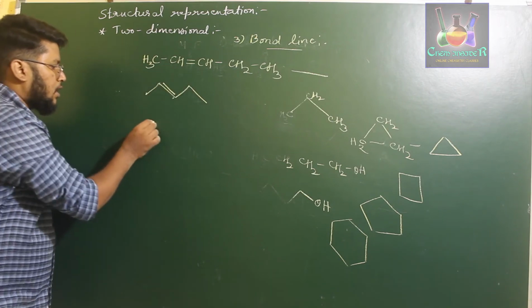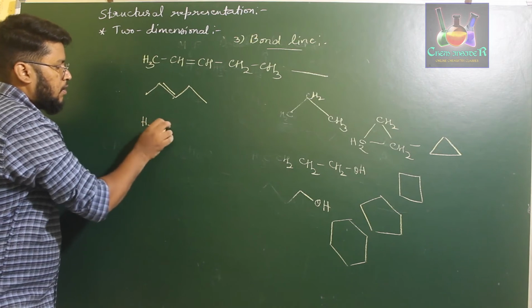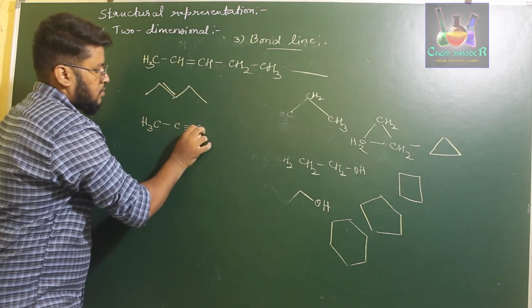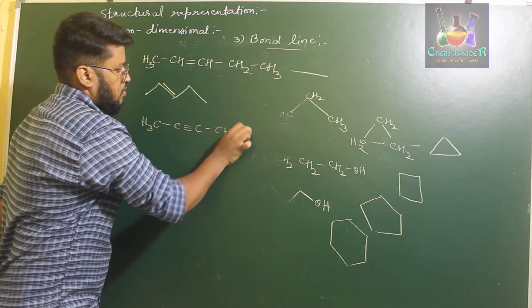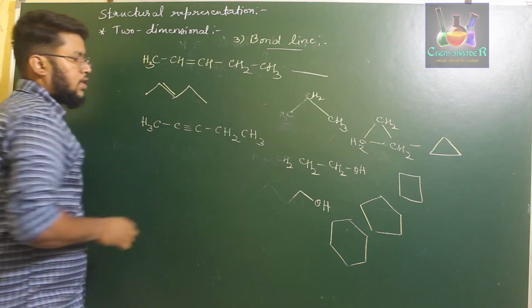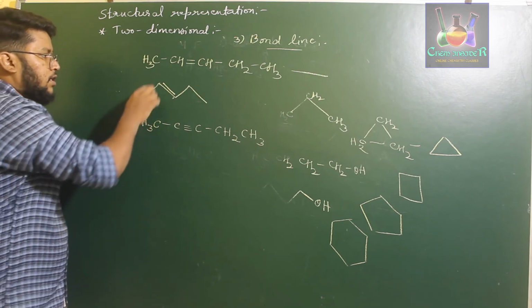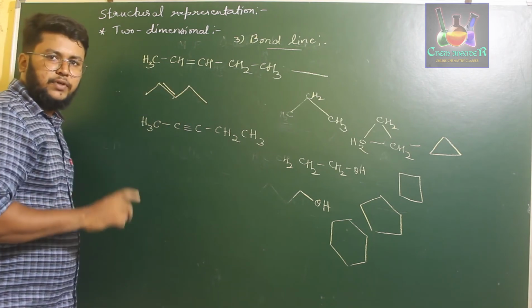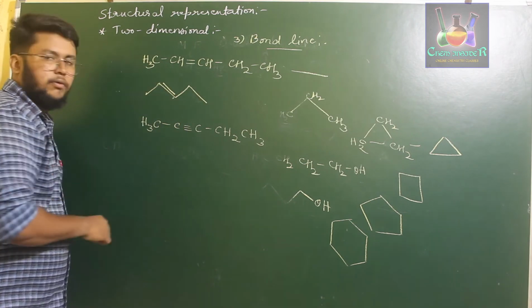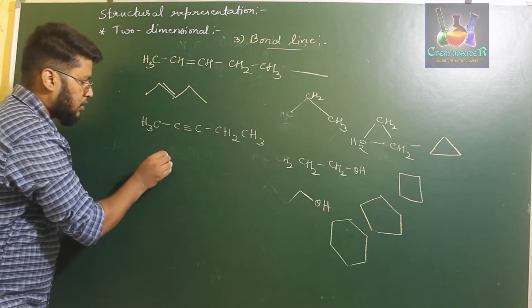Now if you consider the same compound with a triple bond, instead of writing a zigzag structure, first you need to write the triple bond in a horizontal position like this.